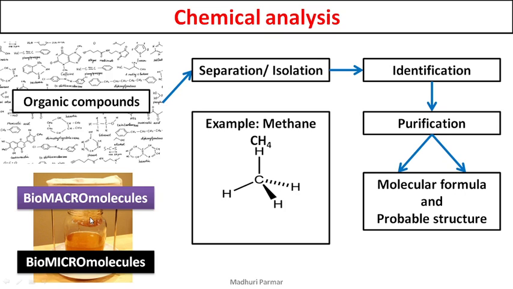Now that we know what organic compounds are and how they are analyzed, it has been found that the retentate, the upper portion, has biomacromolecules, and the filtrate, the lower portion, the acid soluble fraction, has biomicromolecules. So we will study biomacromolecules and biomicromolecules.